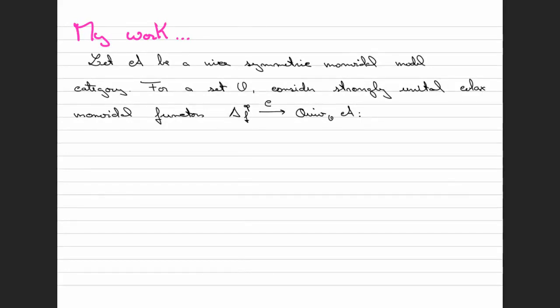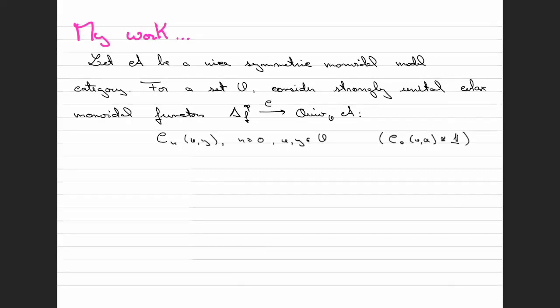Also scary words. What do they mean? They mean that for any n greater or equal than 0, and for any pair of objects in O, we have a space of n-dimensional tetrahedra where we don't care about all the vertices, we just care about the first and the last one.